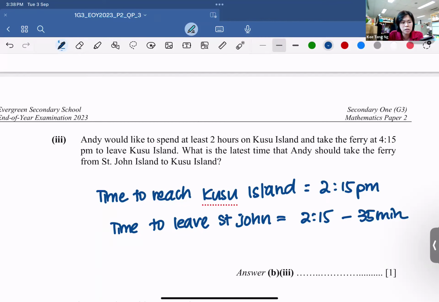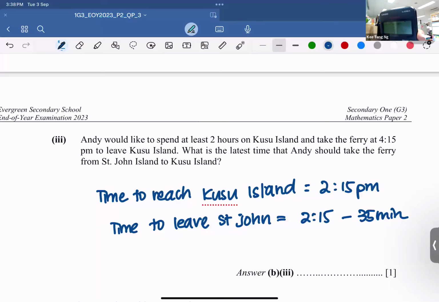I'll press 14 hours, I use the 24-hour clock, 14 hour, 15 minute, minus away 0 hours, 35 minutes.